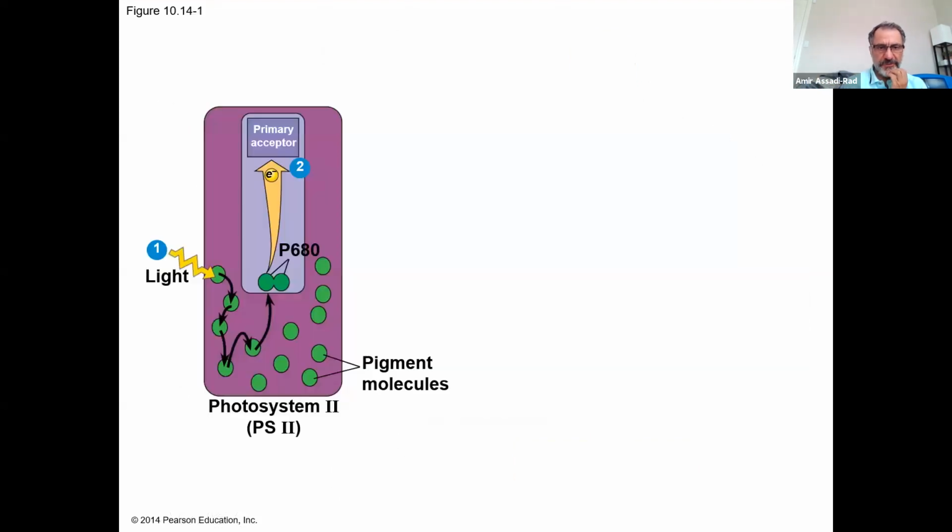Let's move on. The photosystem 2, as I said, is P680. He's referring to it a lot, so you should know it. The light activates these pigment molecules, right? And then what happens next, of course, is the water molecule breaks down during this system.